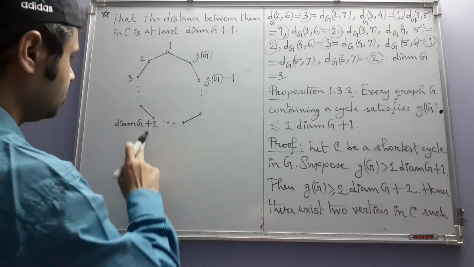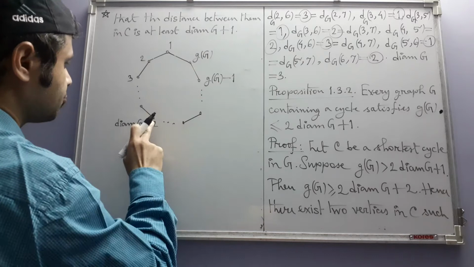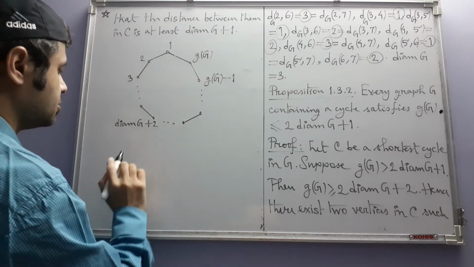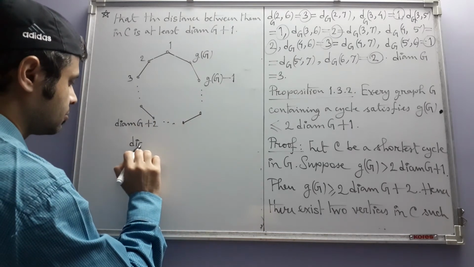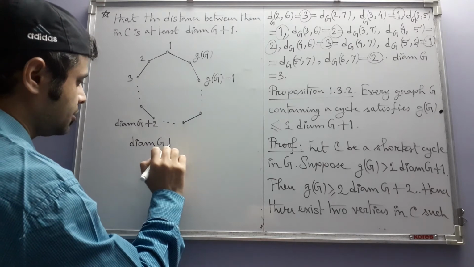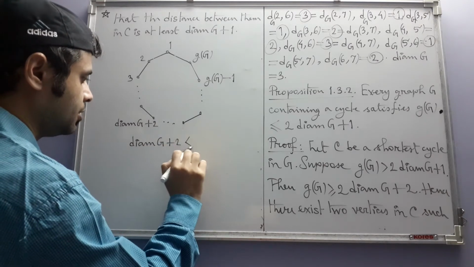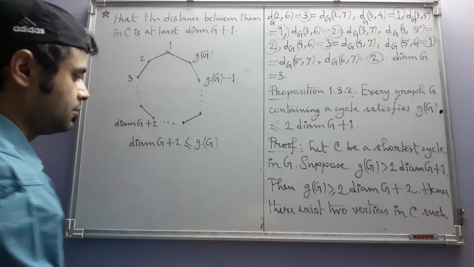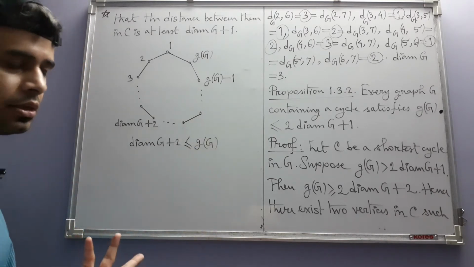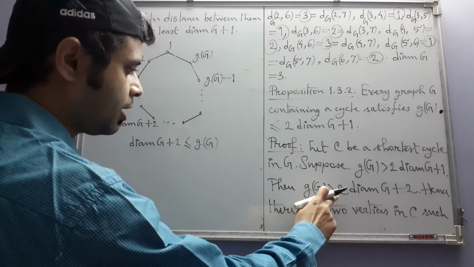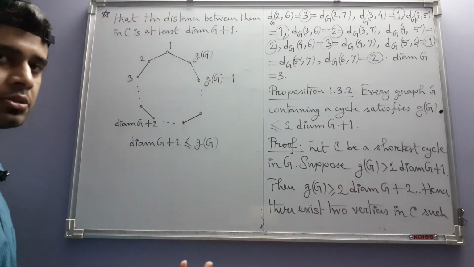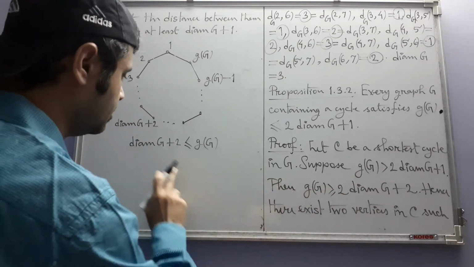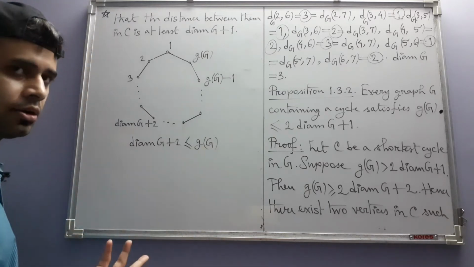Why? Because for such a point to exist, diameter of G plus 2 should be less than or equal to g of G, which is clearly true, because in fact 2 times diameter of G plus 2 is less than or equal to g of G. So this in particular will also be true.